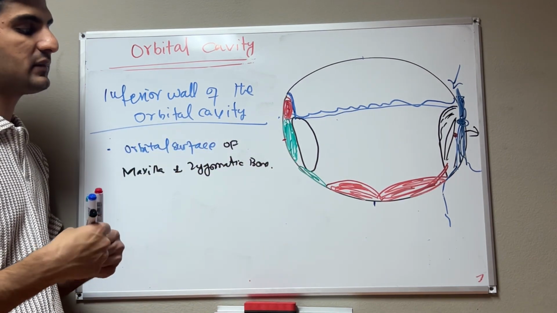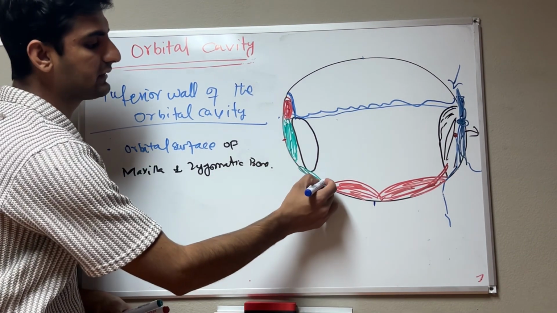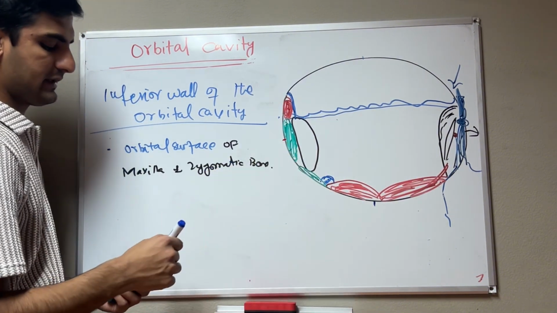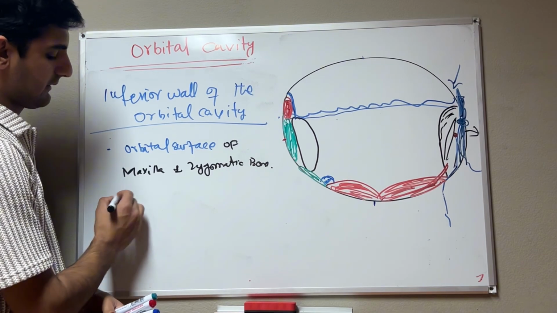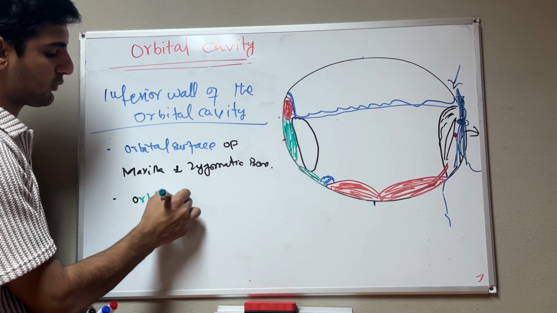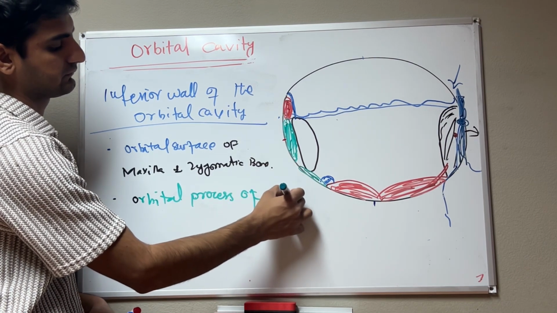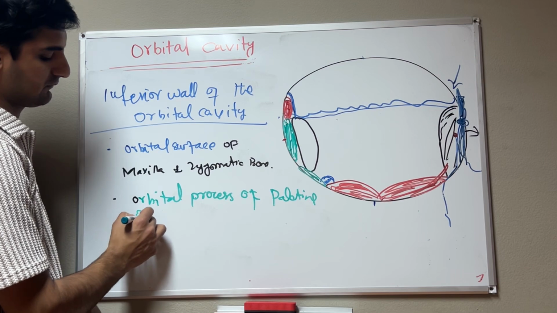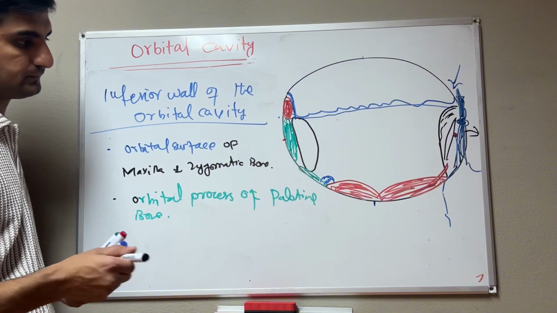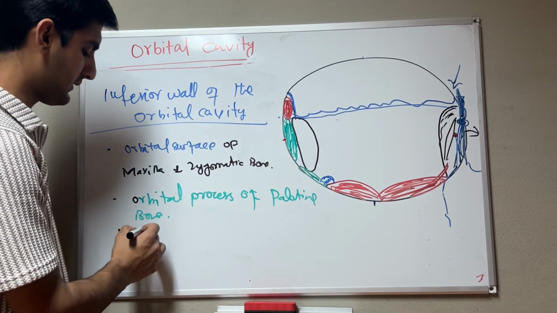And also, do you remember when we discussed the palatine bone? There we have the orbital process of the palatine bone, which is located at the back side. There we have the infraorbital groove, which also takes part in the inferior wall of the orbital cavity.